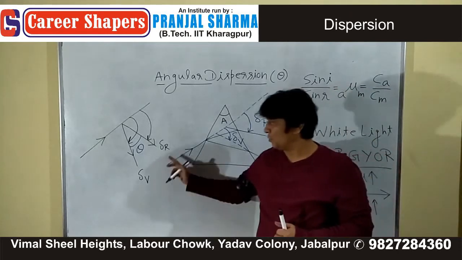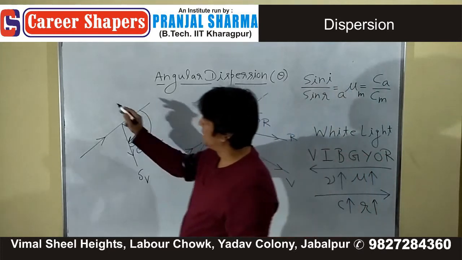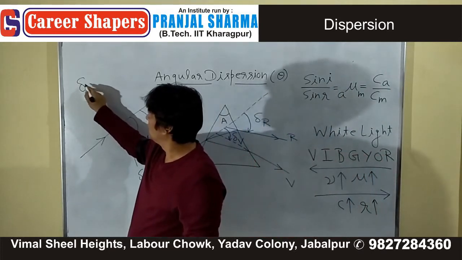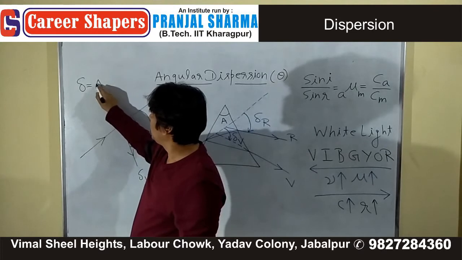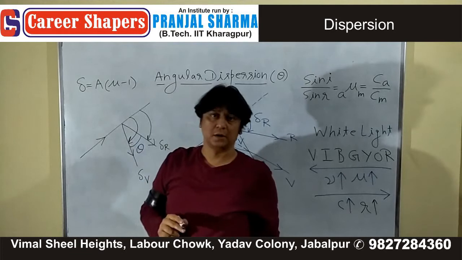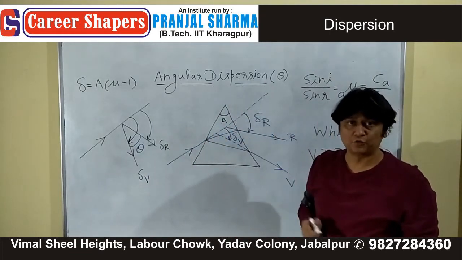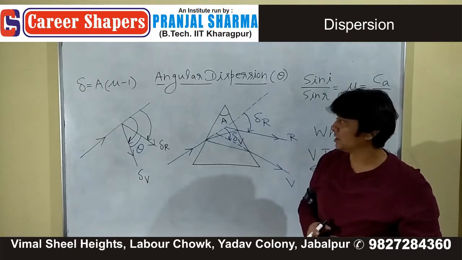Now, what's the value of delta? We calculated delta as A times (mu minus 1). But this was an approximation, and that too for minimum deviation.